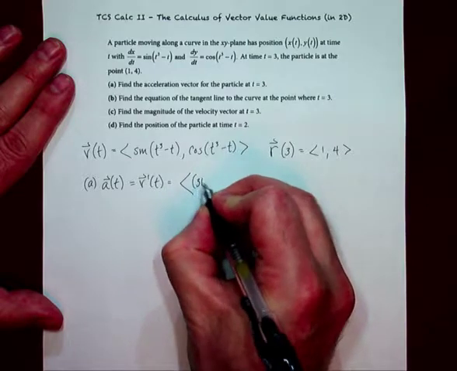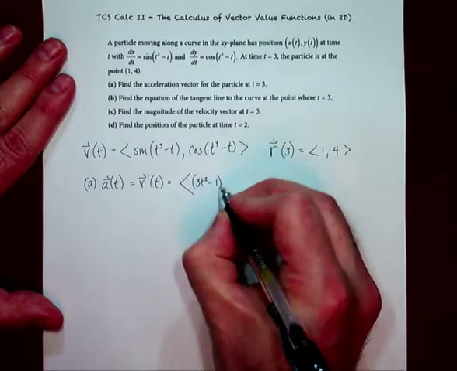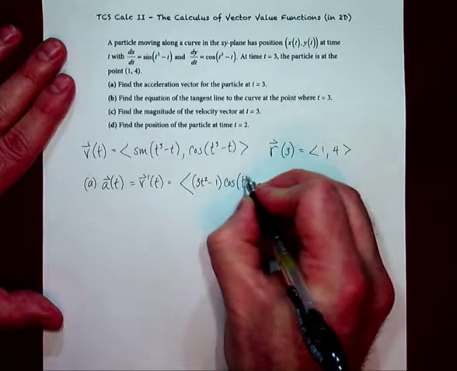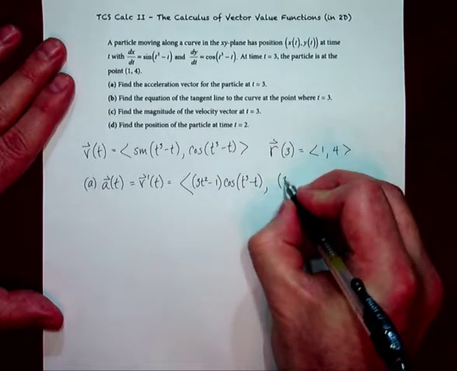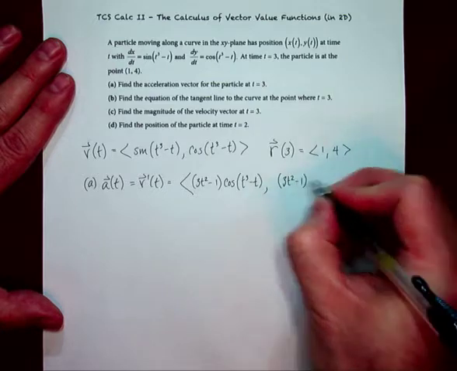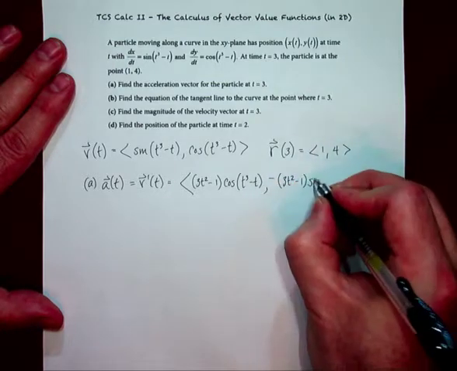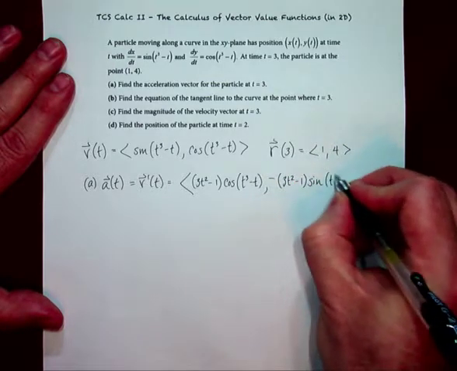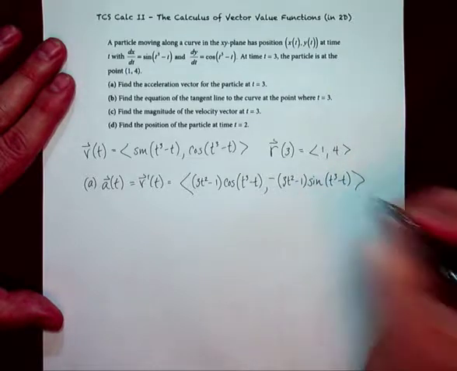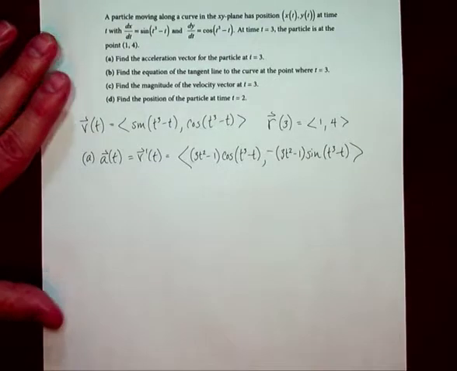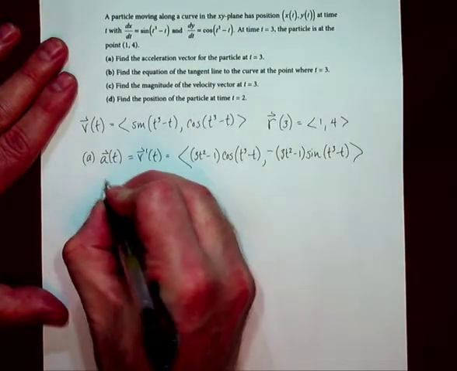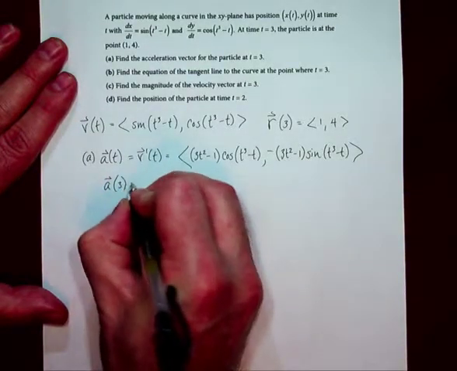So we have (3t squared minus 1) times cosine of (t cubed minus t), and we have (3t squared minus 1) times negative sine of (t cubed minus t). That is big and nasty and long, and I don't like it, but if we plug in 3, it's actually not that bad.